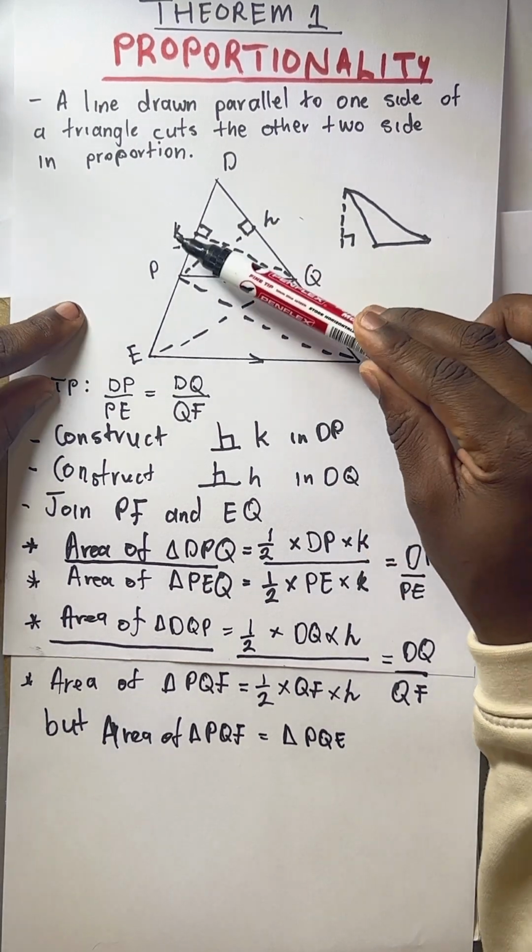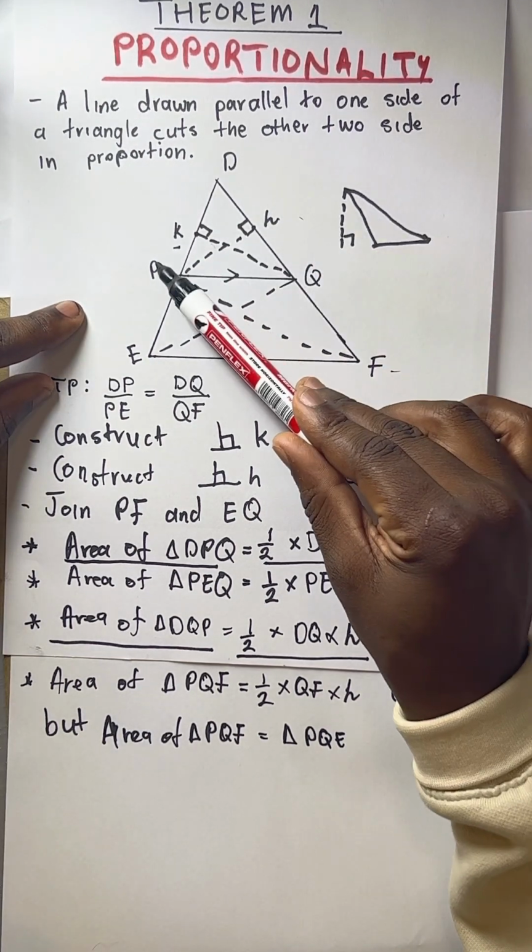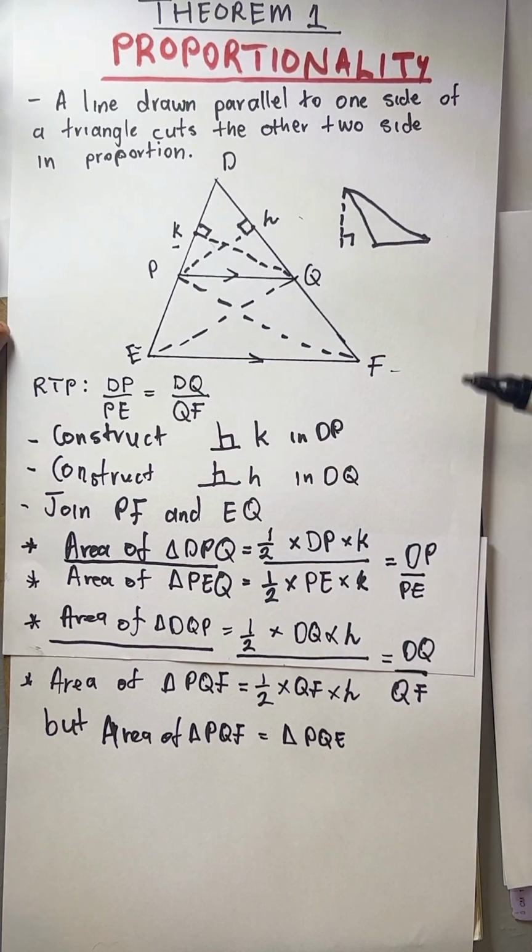Which means if you look at the area of this triangle, similarly with the area of this triangle, can you see that the areas of these triangles are going to be the same?